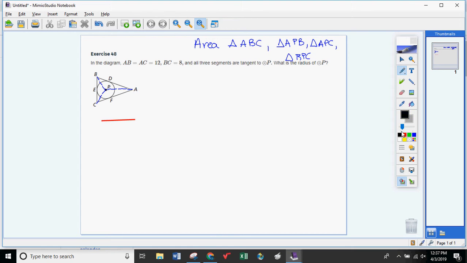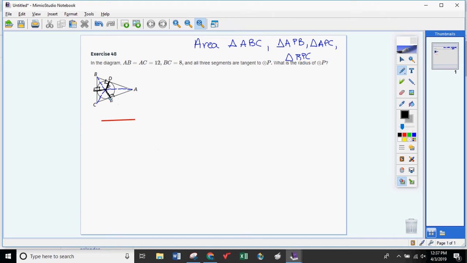Now, why is that? Well, because these three parts here all use the radius as their height. Okay, and yes, it's the orthocenter, it's the incenter, it's the centroid, it's the circumcenter, it's all of these.